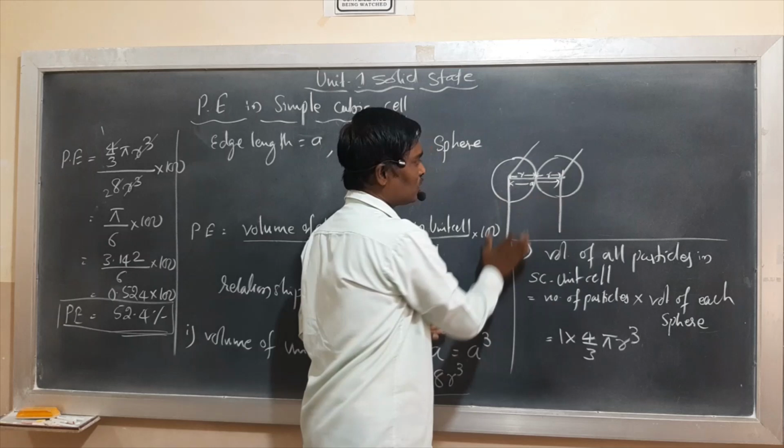So these are the diagonally opposite particles and the face center particle is here. So these particles are in touch with each other. And here, let me draw one imaginary line which joins these three spheres. We define these as A, B, and C.